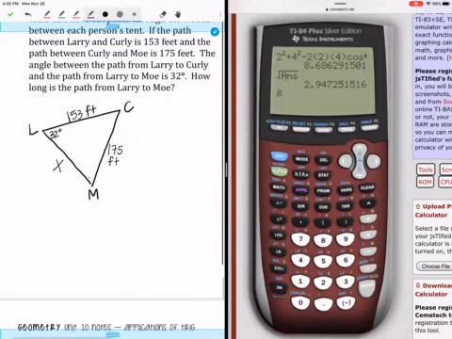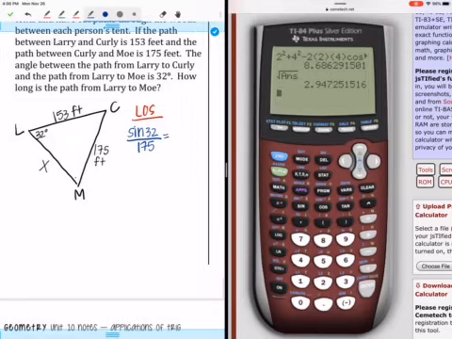All right, in this case, we also only have one angle, but we do have enough to make a pair, which means I can at least start with law of sines. So first I would say sine of 32 over 175.